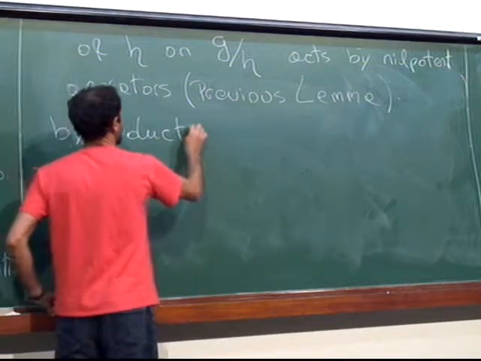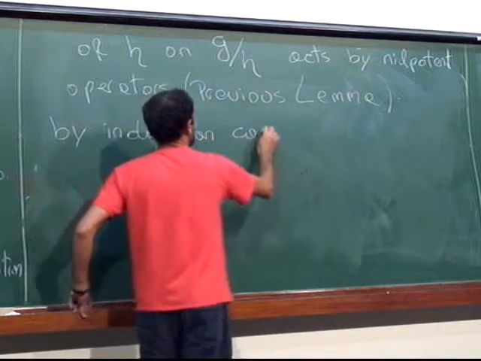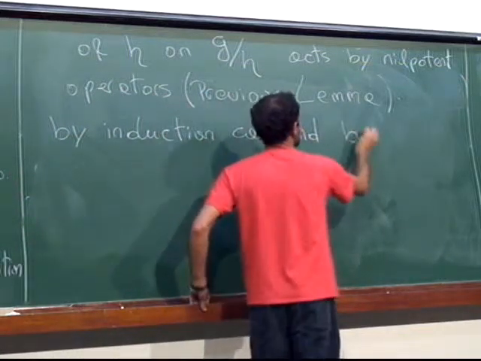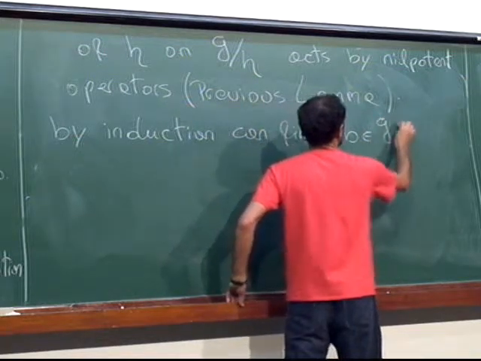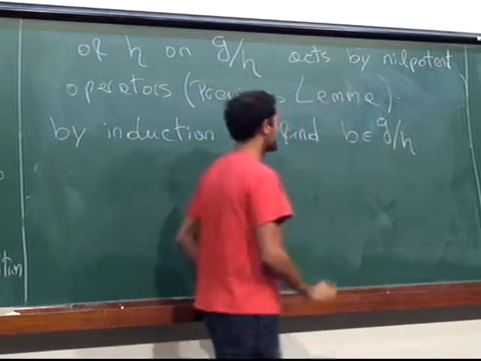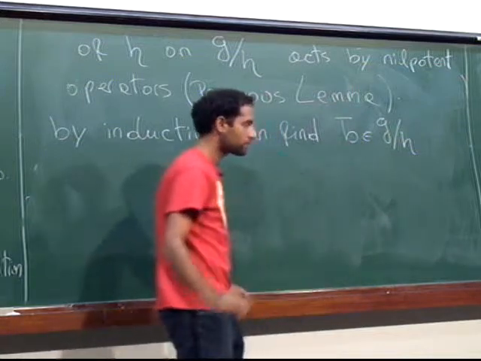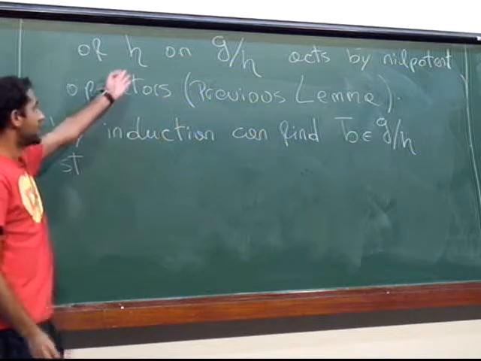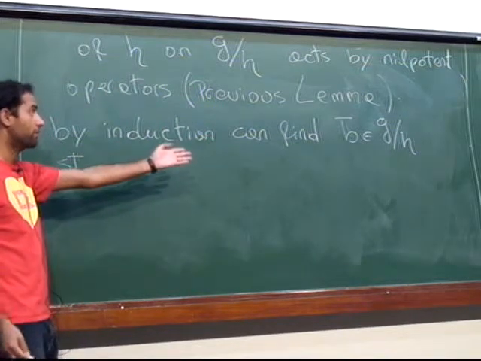we can find a vector, say b, inside of this vector space. Let's put a bar on it. Such that the action of H on b is 0.